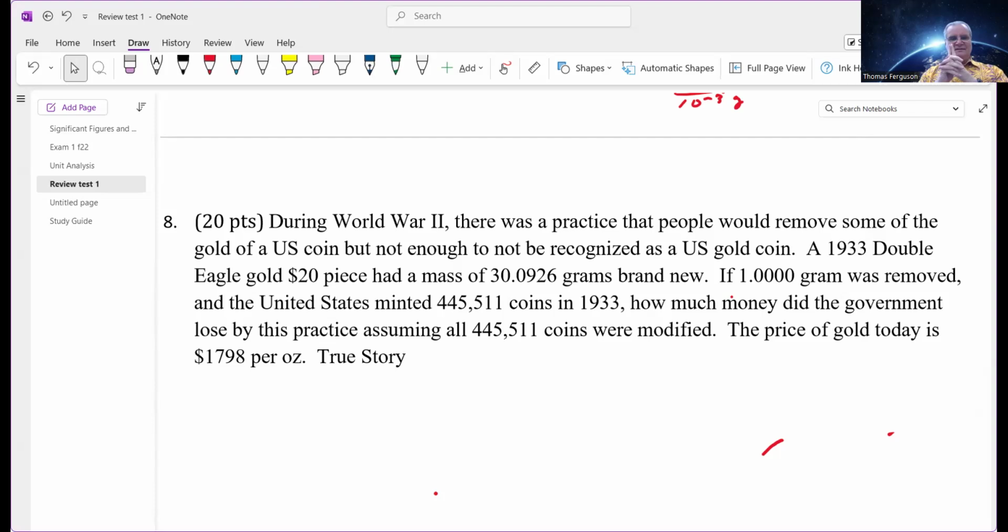Now, the current price of gold is higher than 1798. In fact, curiously, it's been going up a lot because of the tariffs and all that stuff. Let's see what it is here. Yeah, it's at 3405 right now. So it's up a lot.